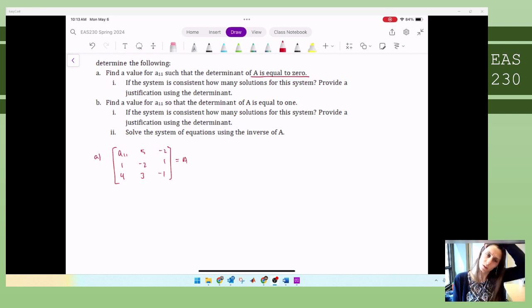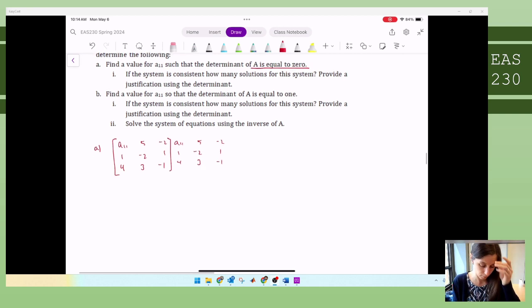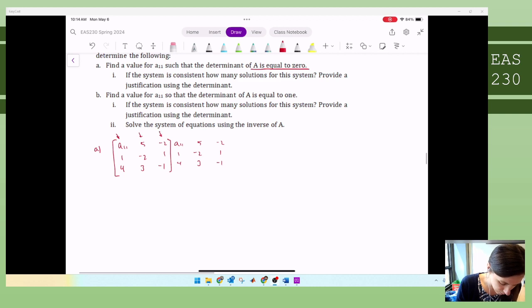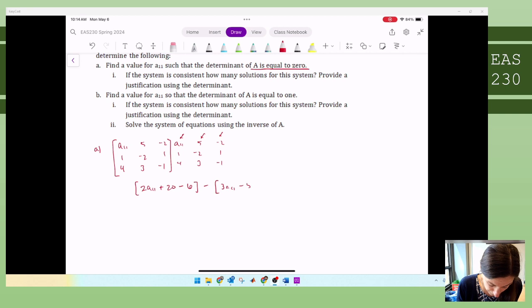Okay, so I'll do the shortcut method. Since it's a 3 by 3, we can use a shortcut method. These three diagonals give 2A11 plus 20 minus 6, minus these other three diagonals: 3A11 minus 5, and 2 times 2 is 4, times 4 is positive 16.